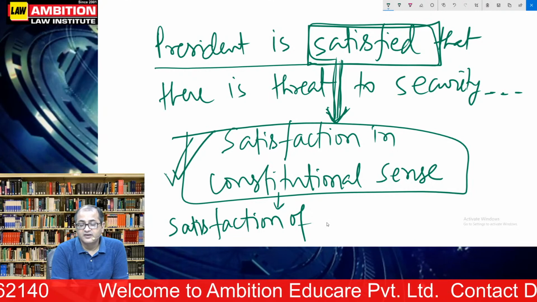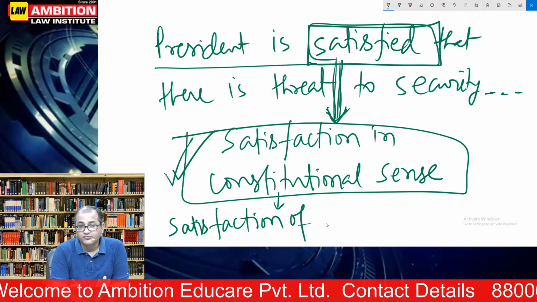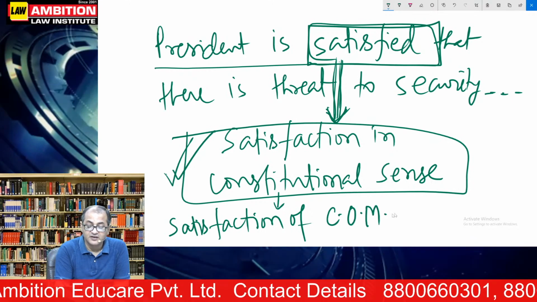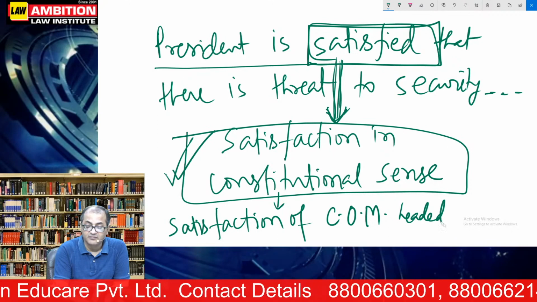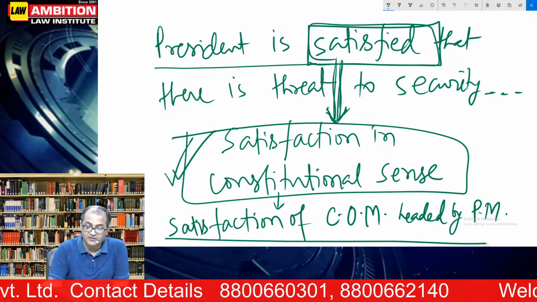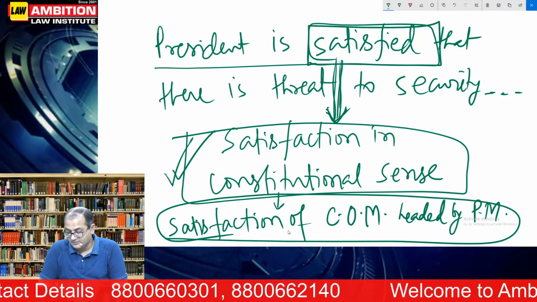It is president's constitutional satisfaction. And president's constitutional satisfaction is satisfaction of Council of Ministers headed by Prime Minister. So it is not president who will take the call, it is Council of Ministers headed by Prime Minister which will take the call. Be careful.